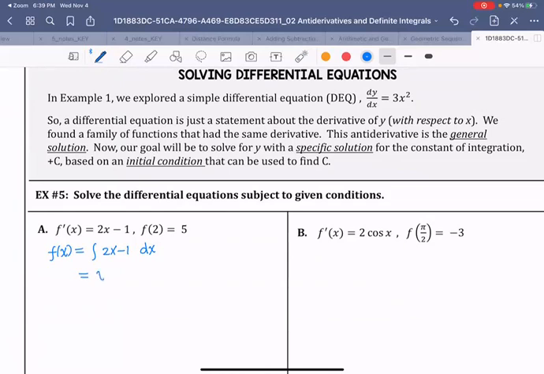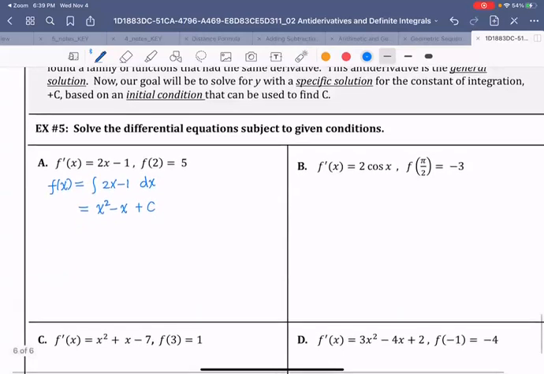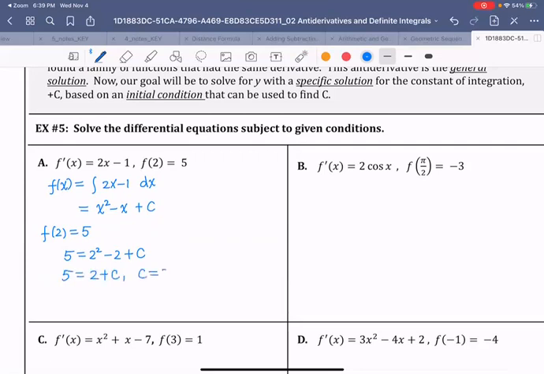Is that x squared minus x plus c? Yes. Now, they give you f of 2 equals 5. So 5 equals 2 squared minus 2 plus c, right? So 5 equals 2 plus c. C equals 3, okay? So that means our f of x equals x squared minus x plus 3.